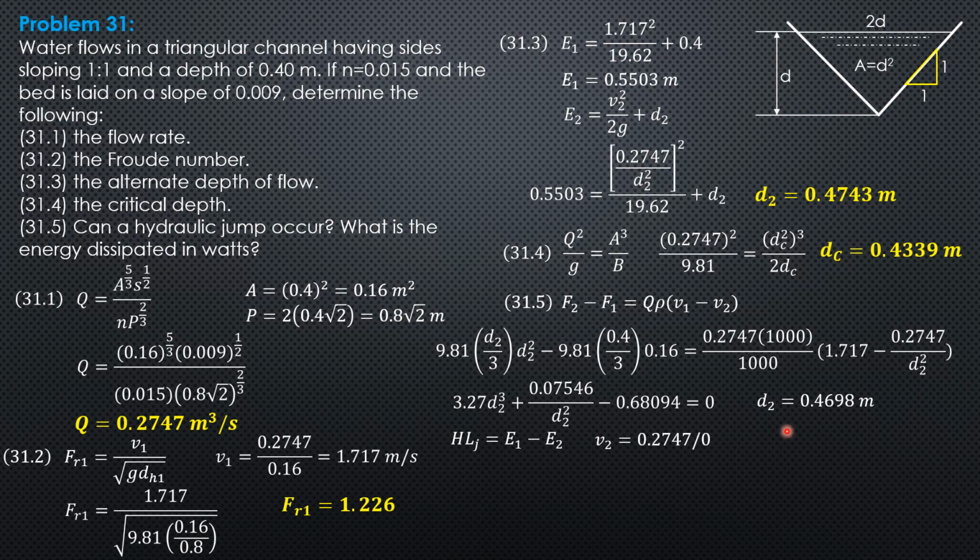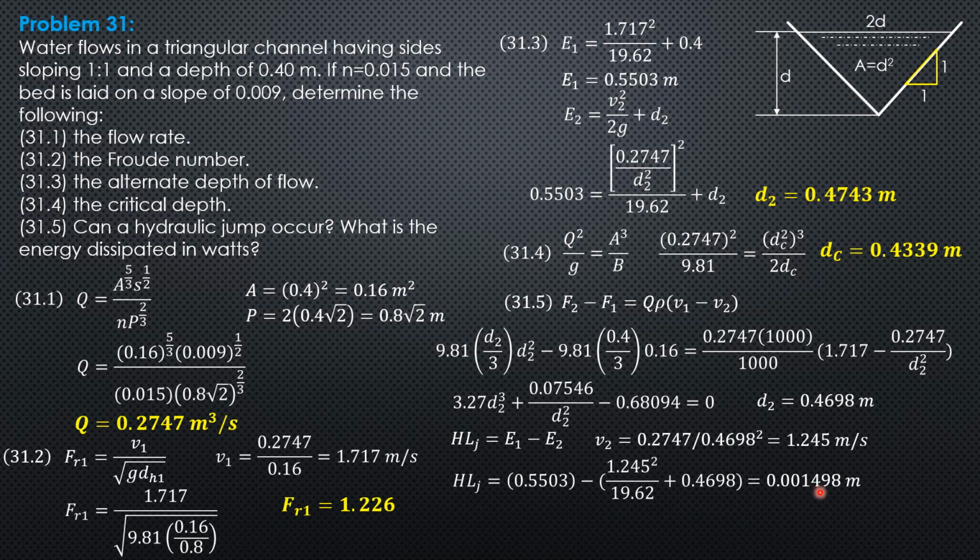V sub 2 is discharge 0.2747 over depth 2 squared, the area at section 2 after the jump. So it is 1.245 meters per second. So substitute: head loss in the jump is 0.5503 minus 1.245 squared over 19.62 plus depth 2, 0.4698. So the head loss in the jump is 0.001498 meters.